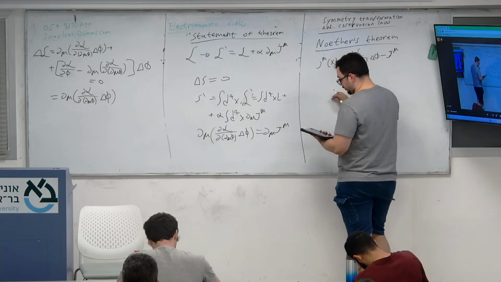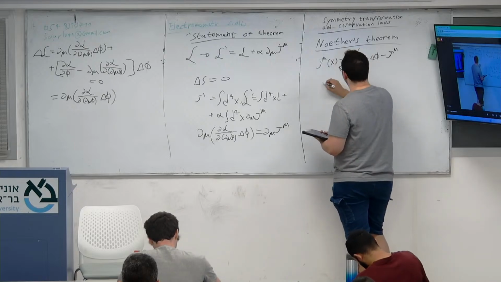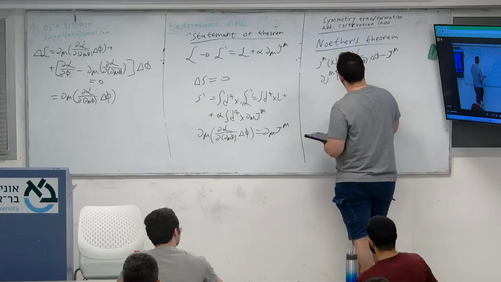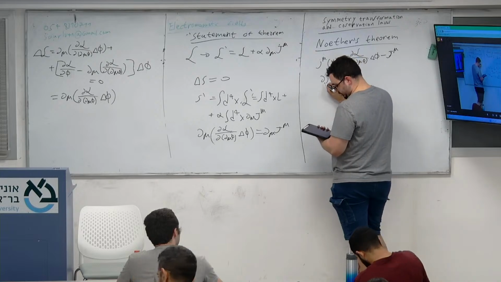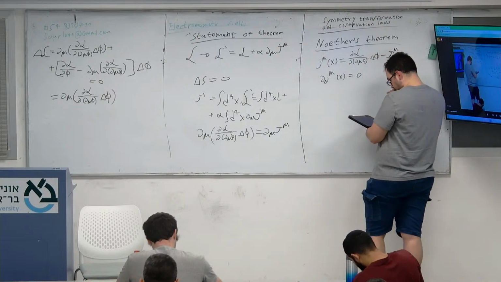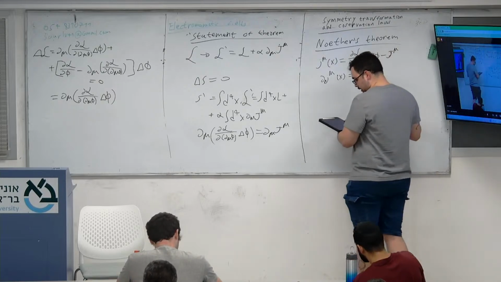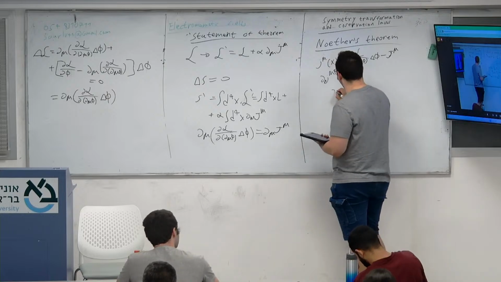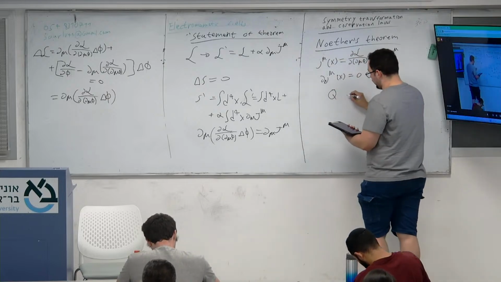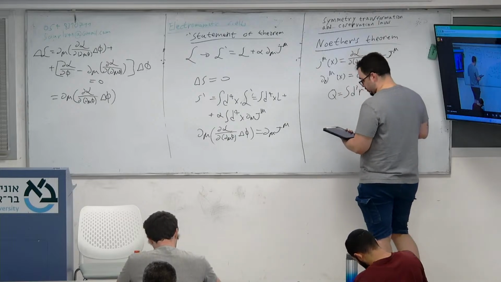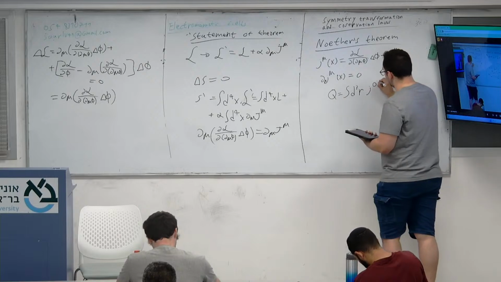And to obtain continuity, for all of this to make sense, we must take the derivative of J^μ to be 0. And our conserved charge, according to the theorem, will be Q equal to the integration of J⁰.